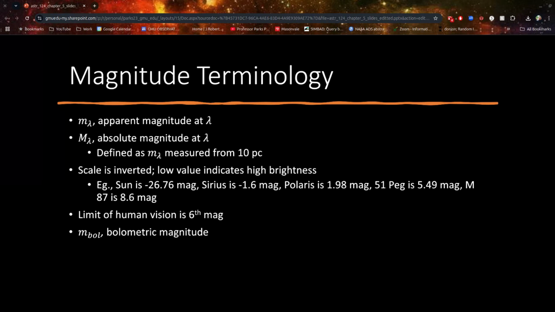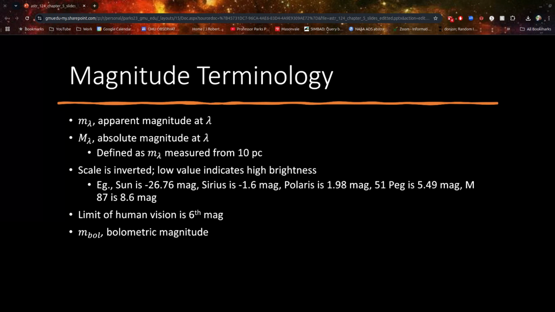The apparent brightness of the sun is negative 26.76. Incredibly bright. Again, we're talking about a logarithmic system. The brightness difference between 6 and 1 is 100 times. So you can imagine, well, you don't have to imagine, you just go outside and see just how bright the sun is. The brightest star in the night sky, Sirius, is actually negative 1.6.